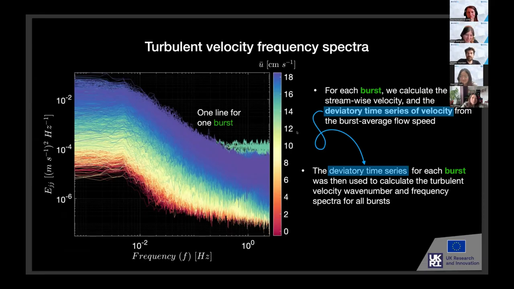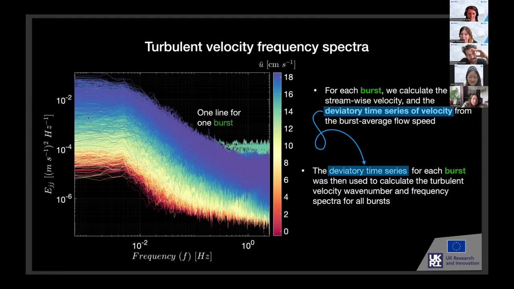And then from that streamwise velocity, we calculated the burst average flow speed, and then the deviatory time series of the velocity. So from the deviatory time series of the velocity, for each burst, we can get one line, which is one frequency spectrum.